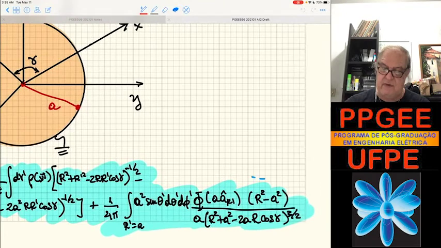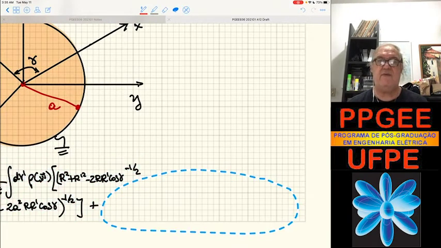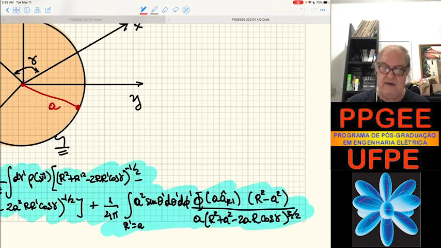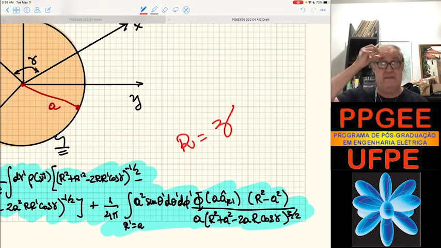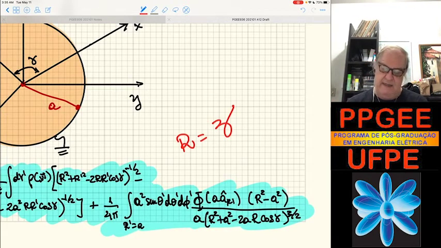Also, this term goes to 0 because the potential is grounded. And here we're going to use r equals z, so theta equals 0, and theta prime equals pi over 2.